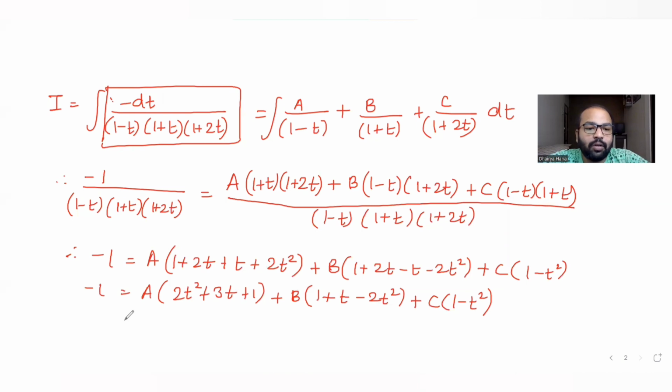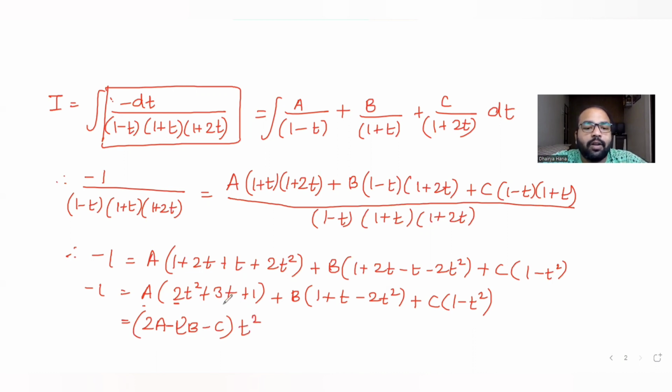Now if I further try to take out t square common from all of the terms, this becomes 2 into a, right? Here also if I take out t square common, it becomes 2 into b, so it is minus 2 into b. And from here also if I take out t square common, it is minus c. So the whole thing common is t square.